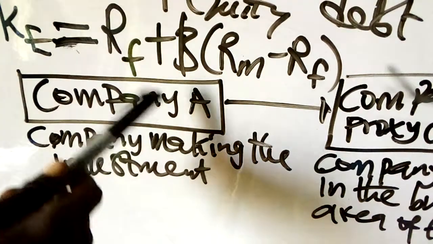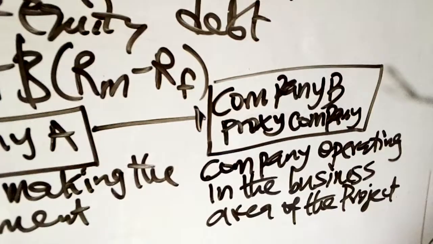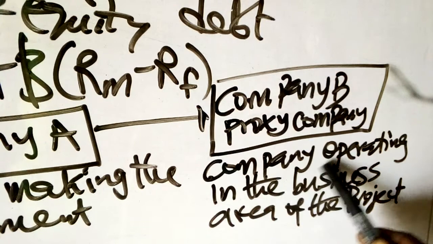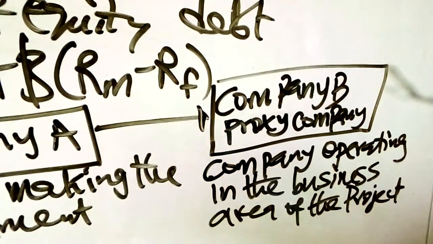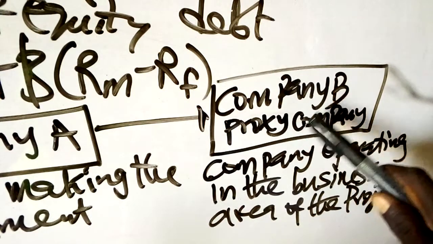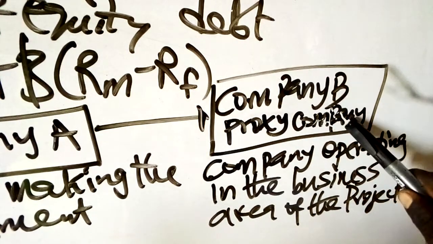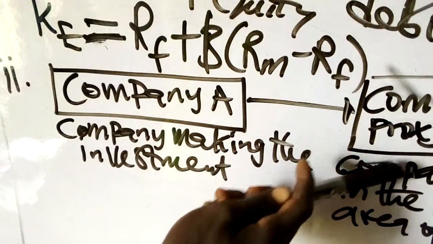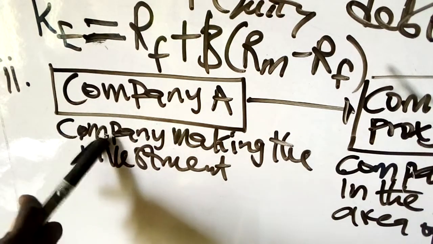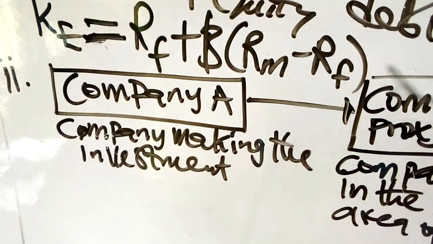Supposing you have company A. Company A is the company making the investment, that is the investor, while company B is the proxy company, that is the company operating in the business area of the project. I want you to be following me. The risk of the business area of the project, that is the risk of company B, and the risk of the company making the investment, company A, may not be the same.